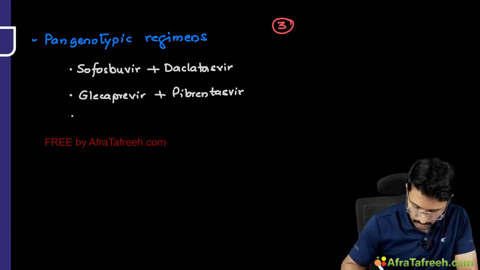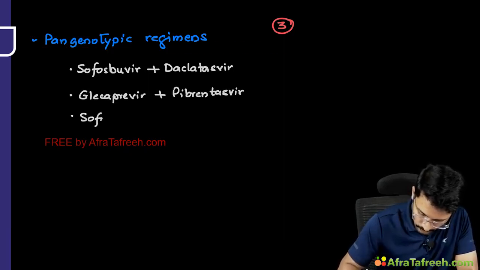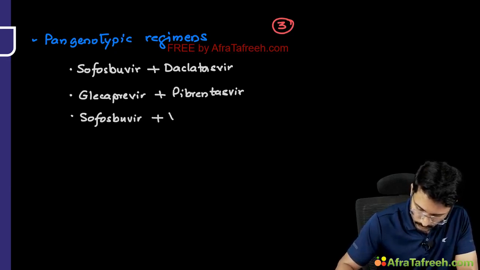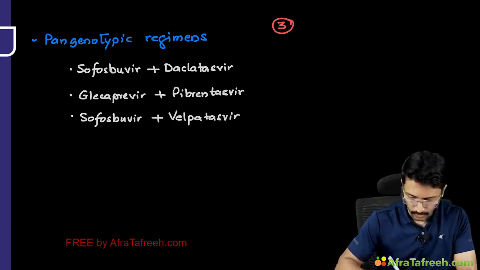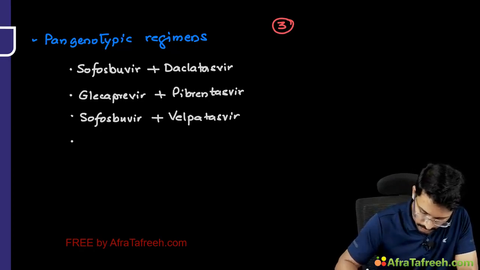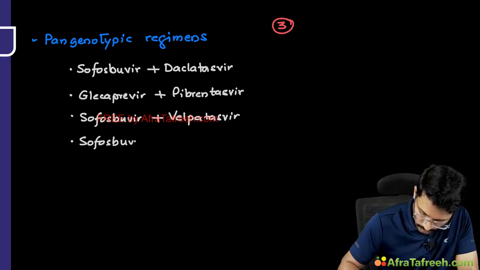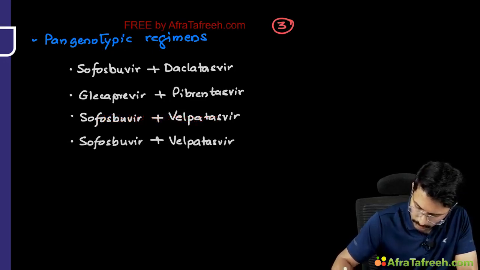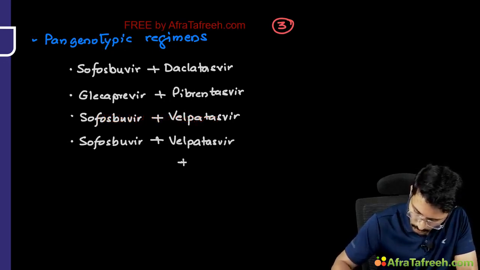The third combination is sofosbuvir velpatasvir. So asvir 5A inhibitor, buvir 5B inhibitor, and the last regimen, this you don't need to put too much effort to remember, which is a combination of sofosbuvir plus velpatasvir. So by this time you already know that this combination is pan-genotypic, plus I'm adding one more. The one more that I'm adding to this regimen is voxilaprevir.